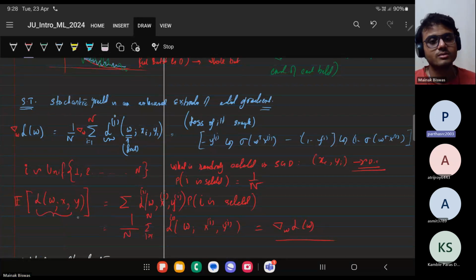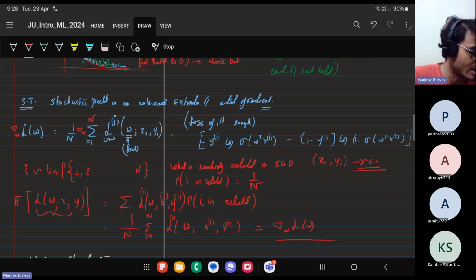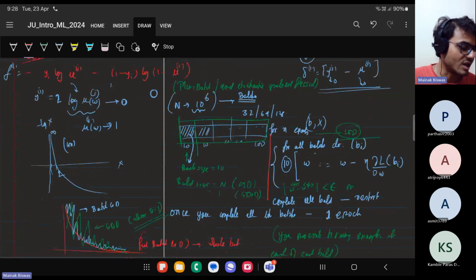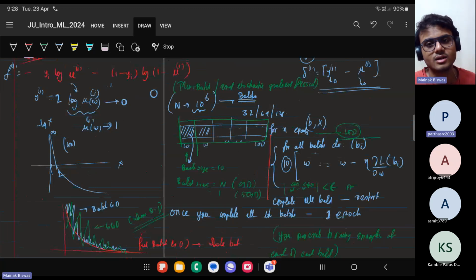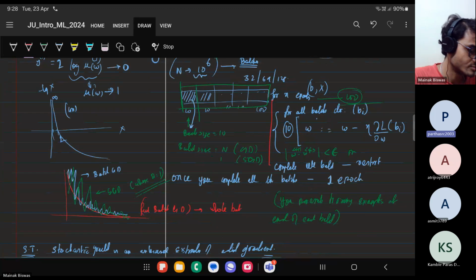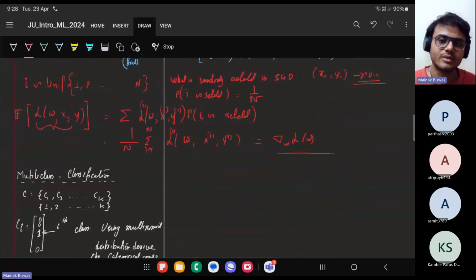Batch gradient is again an unbiased estimate. You can select batches, and each batch is randomly selected. Mini-batch gradient descent is when you have n samples and k is the batch size. Then every batch has a probability of k by n, and it works in exactly the same way.